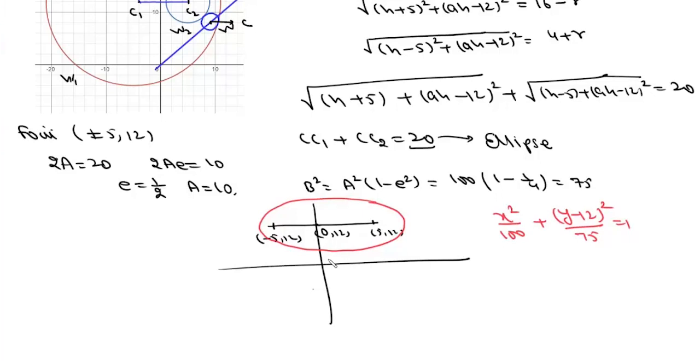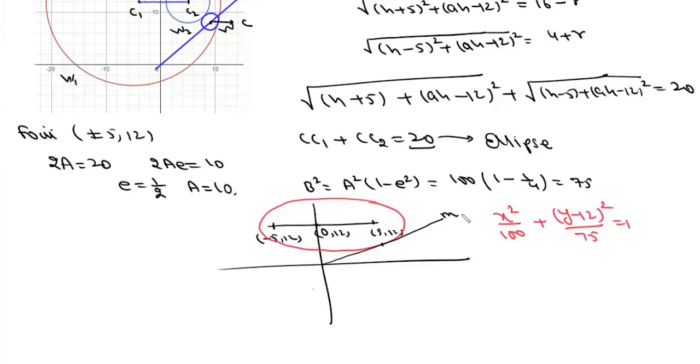Now we have to find a point on this ellipse so that the line joining the point to the origin has the least slope. So we'll have to find the point where this line will be tangent to this ellipse. So we have to find this slope.